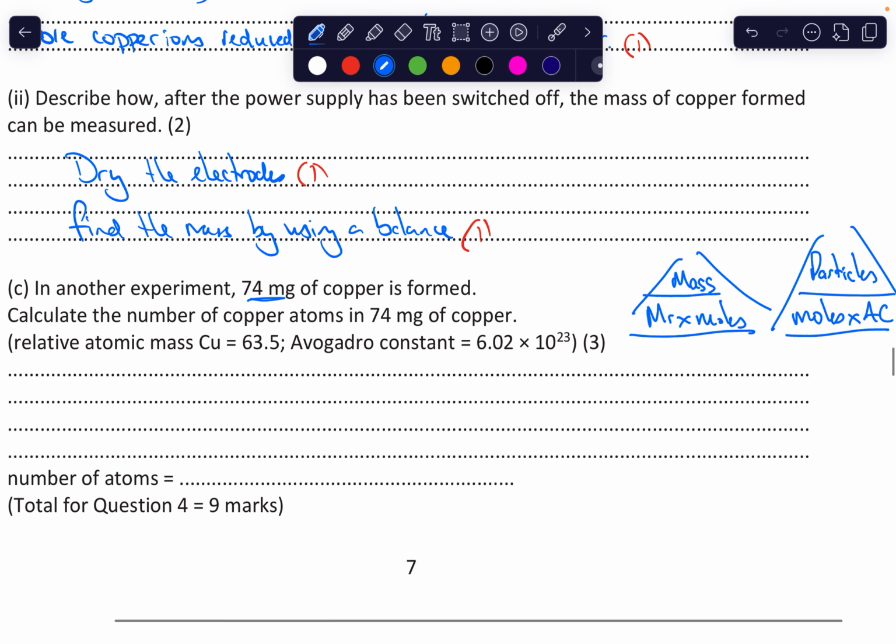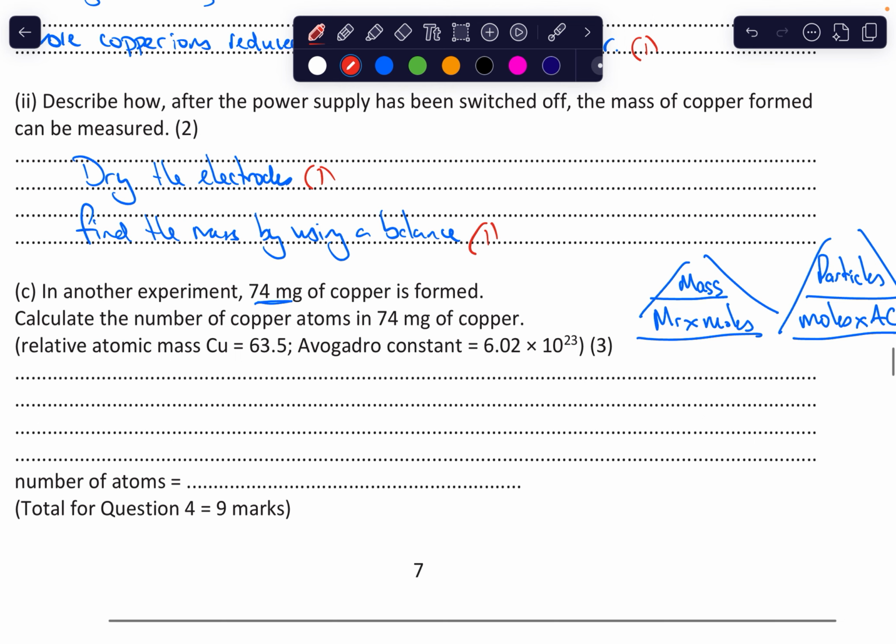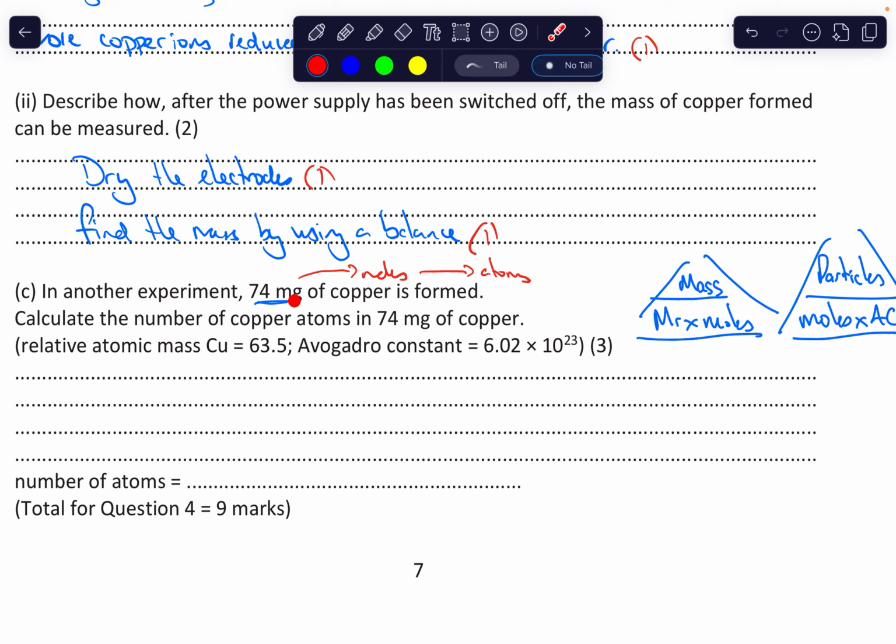My first job is to get this into moles. And then once I know the number of moles, I then want to work out how many atoms there are. So to work out moles from a mass, we're going to use my Mr moles triangle.